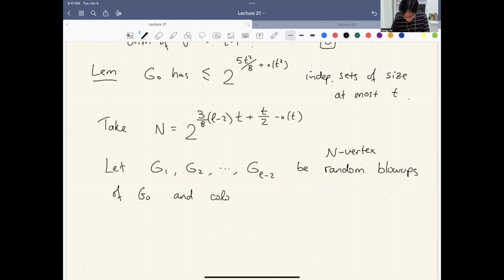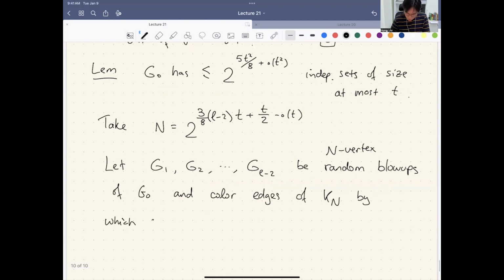Take random blow ups of G0 and color the edges of Kn by which copy of the blow up of G0 it comes from.